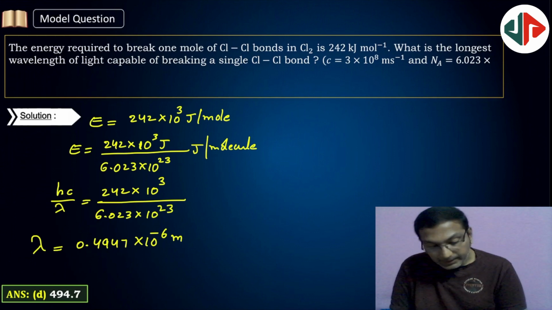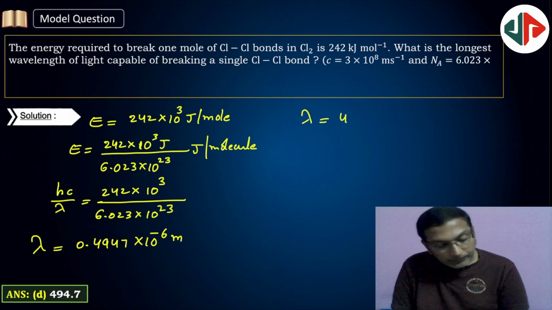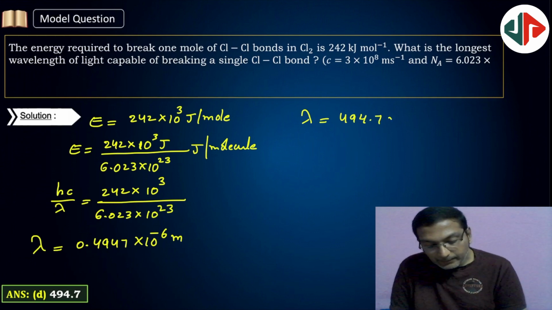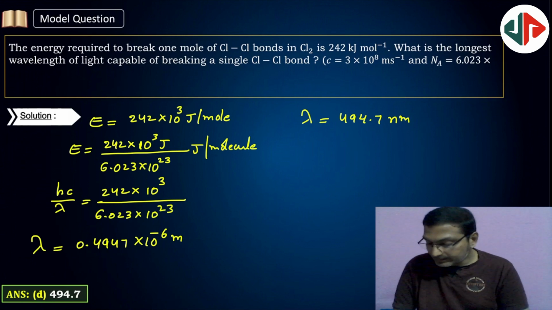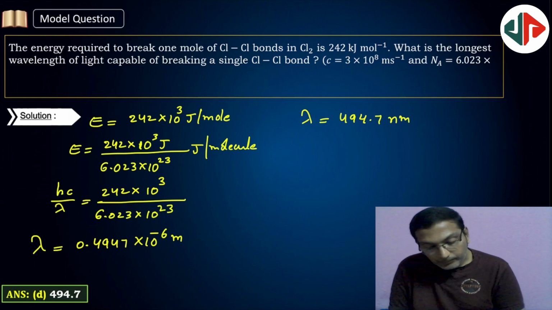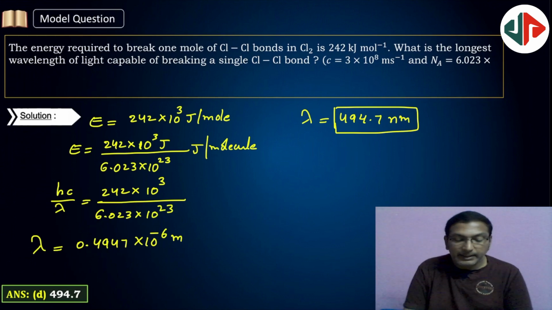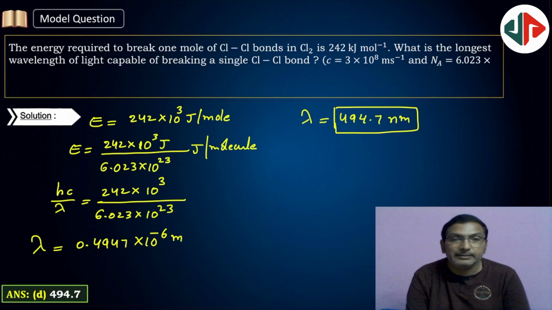By converting it into nanometers, 494.7 nanometers. This is the wavelength, 494.7 nanometers.